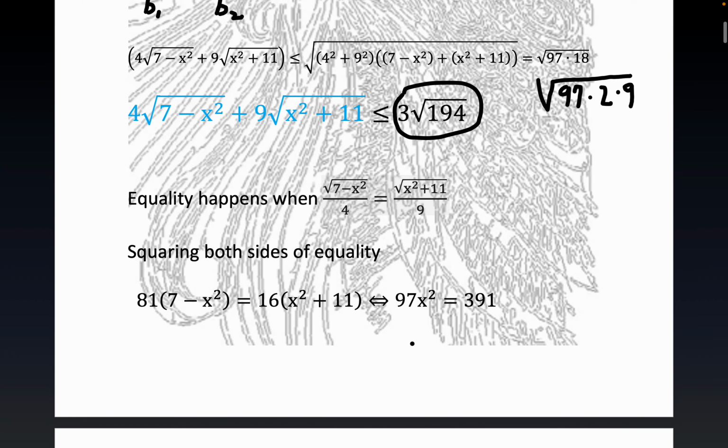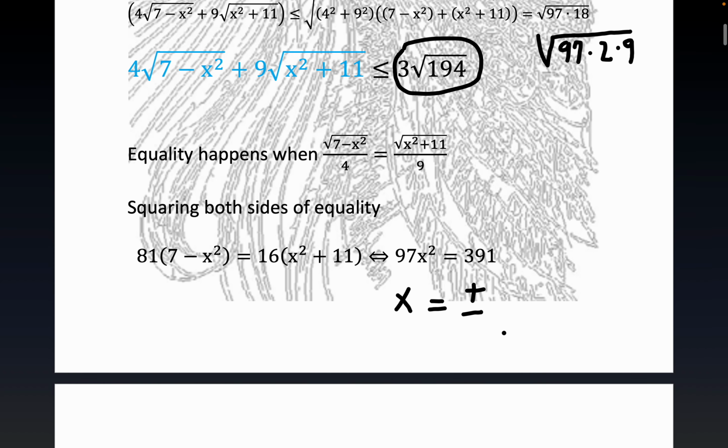And then when you divide by 97 and take the plus and minus square roots, you get x is equal to plus or minus the square root of 391 over 97. So we got 391 here as the numerator of the fraction over 97.